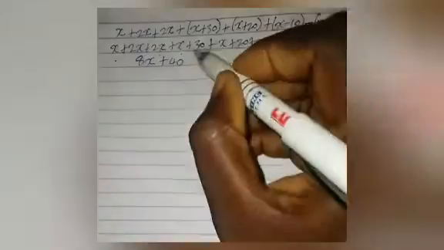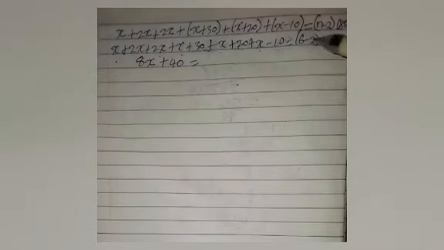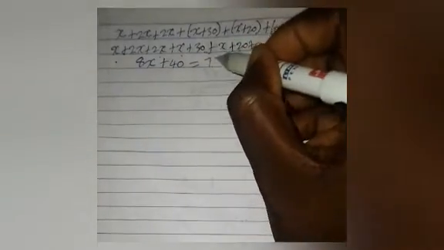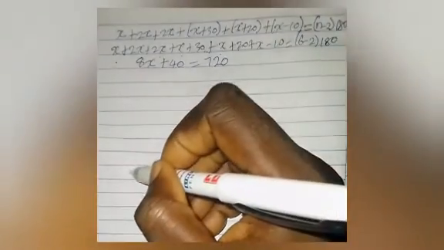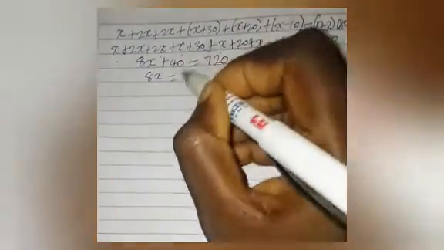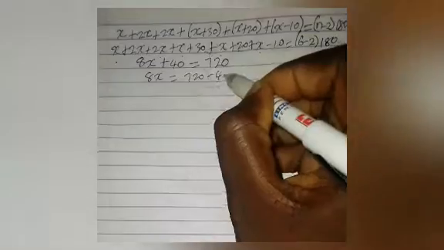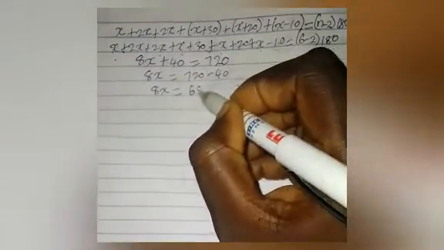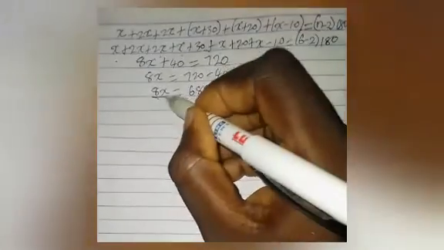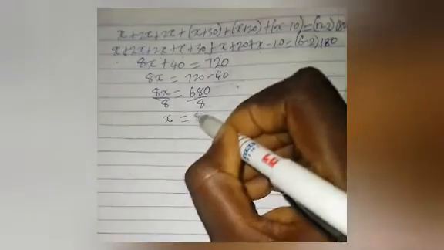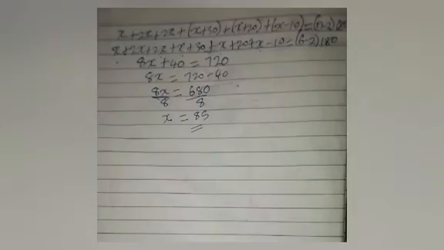Plus 40 is equal to 6 minus 2, 4, 4 times 180, 720. We now continue. 8x is equal to 720 minus 40. 8x is equal to 680. Dividing both sides by 8, we have that x is equal to 85.